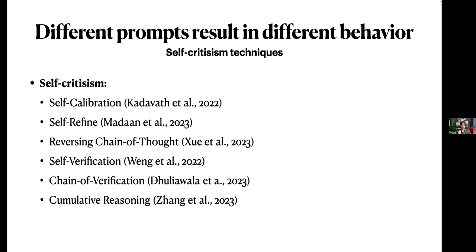And so there are these different ways of doing this idea. And so some of these ideas are here, everything from self-calibration to self-refine to self-verification. So I want to maybe zoom into one of them just to have a better understanding of what it is that they actually do. So let's zoom in into this self-refine idea.